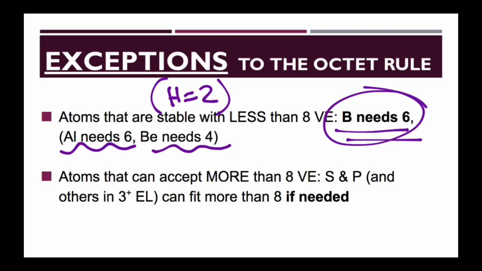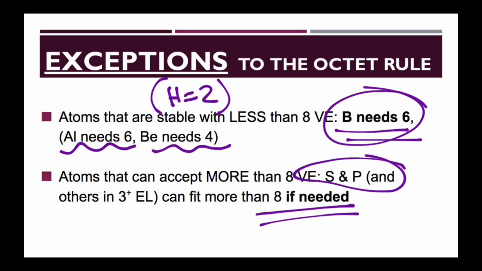Now, there's also a lot of atoms, mostly sp, are going to be the ones that you see, and there are others in the 3rd energy level or above that can actually fit more than 8 electrons if needed. And you saw some of these already in your last unit when we were naming things like sulfur pentafluoride. Well, think about it.